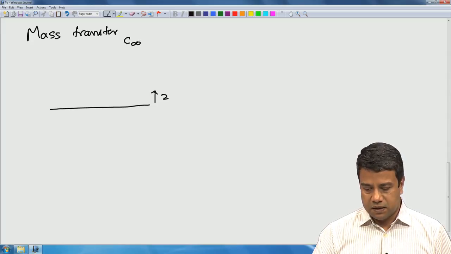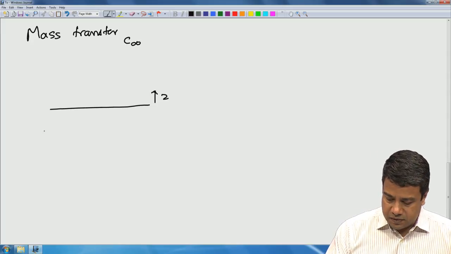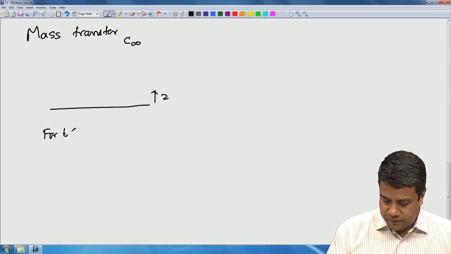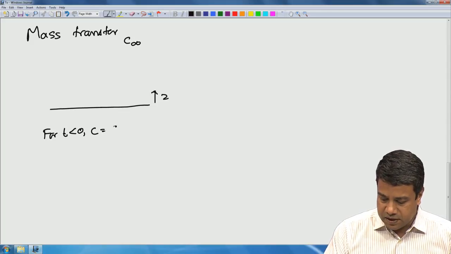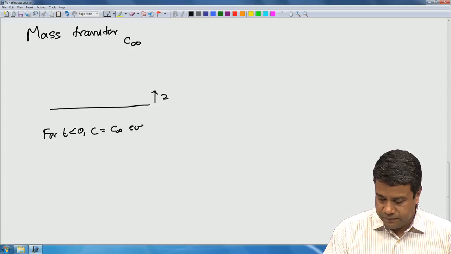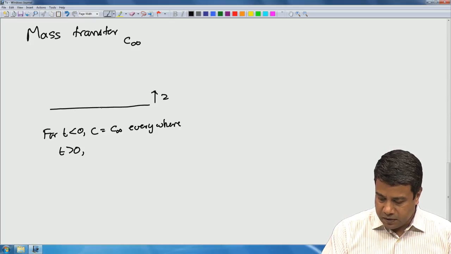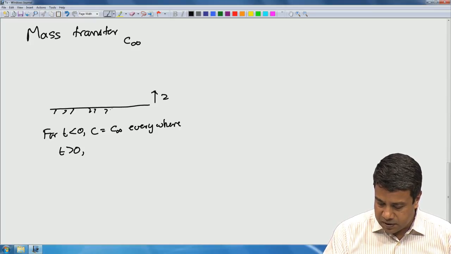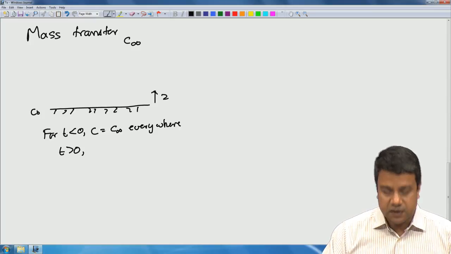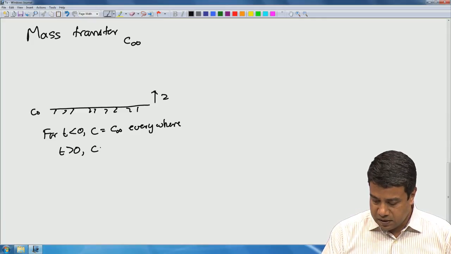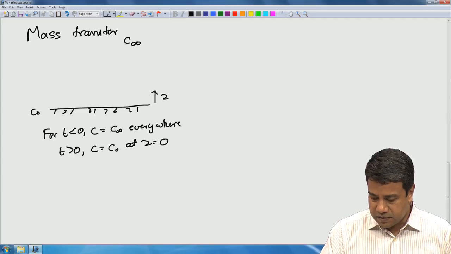For t less than 0, C is equal to C infinity everywhere. For t greater than 0, you instantaneously impose a concentration C naught at the surface, that is, C is equal to C naught at z equal to 0.